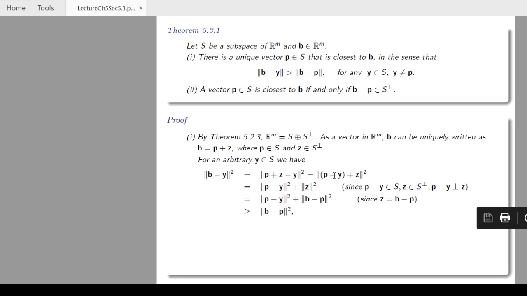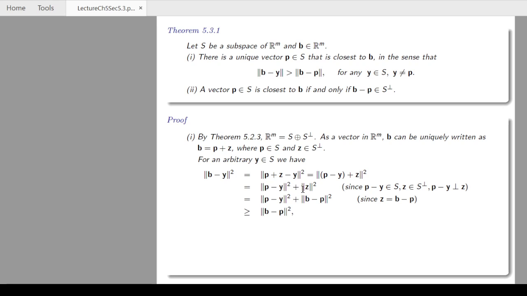So in this way, we got the square of the distance between P and Y, plus the square of the norm of Z.